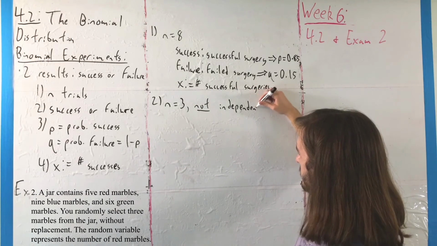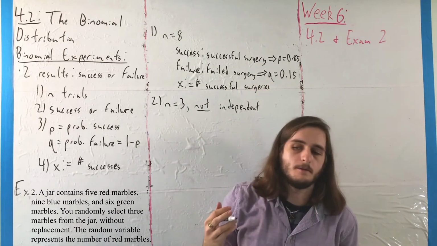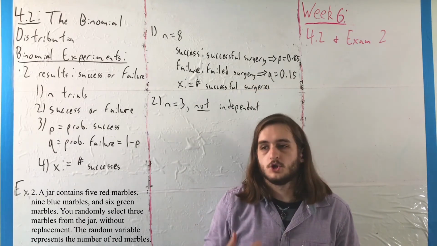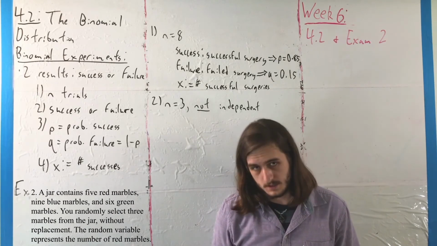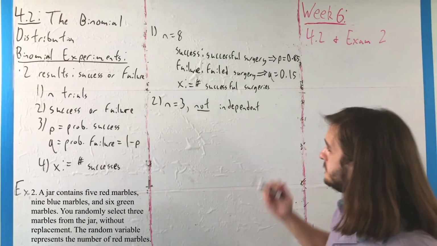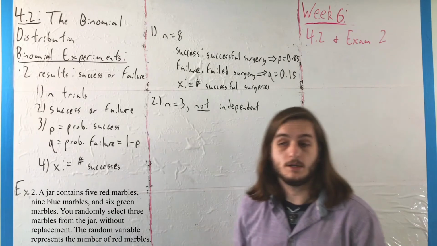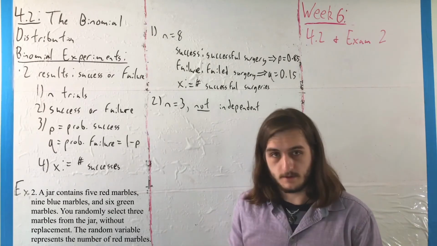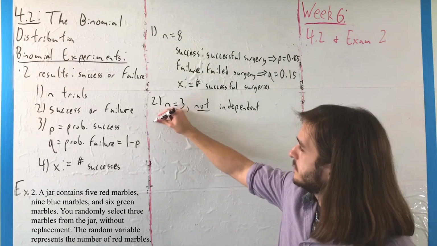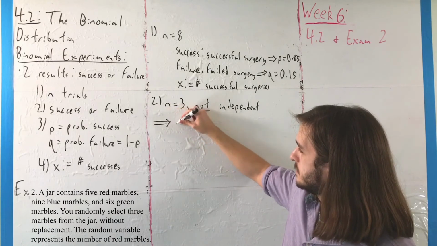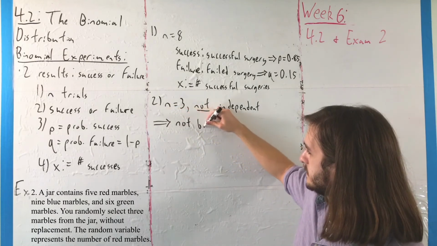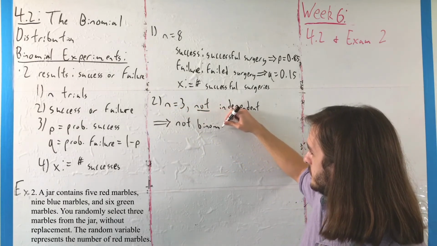That's a very important property here, that the trials be independent, that drawing one shouldn't affect the others in any way. But because these are not, because if you draw one and don't replace it, all of the probabilities are affected, this is not a binomial experiment.